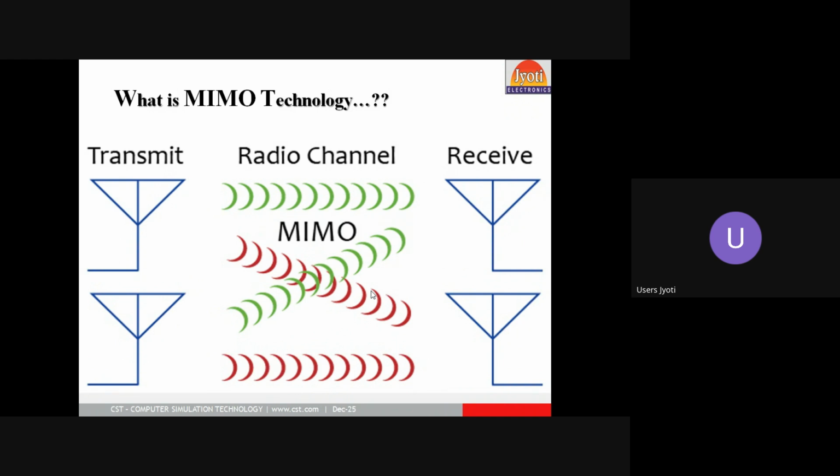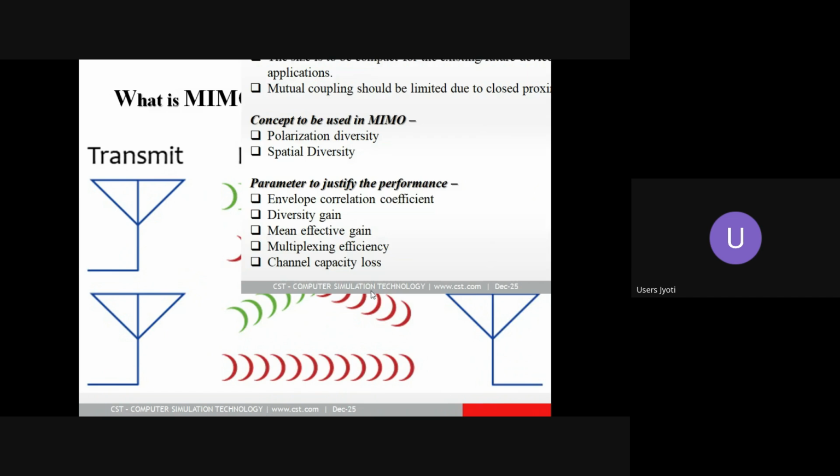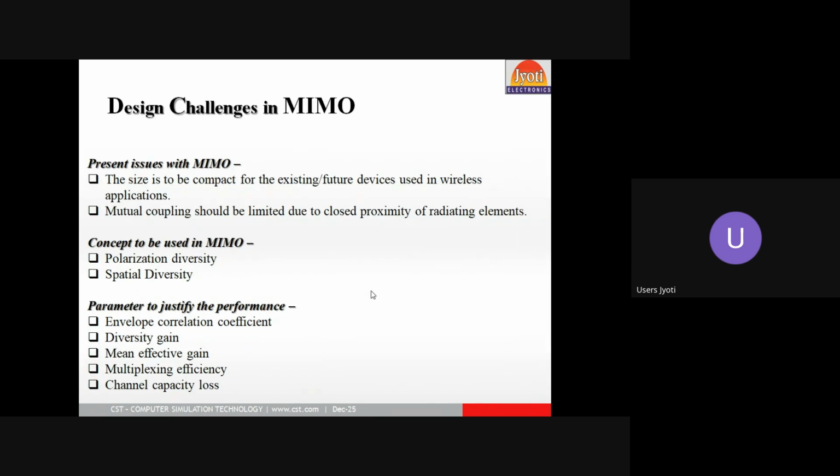Here is the transmission operation. What is the concept behind that? For wireless applications, MIMO antenna is very useful for the phase shift and the coupling between the two components.